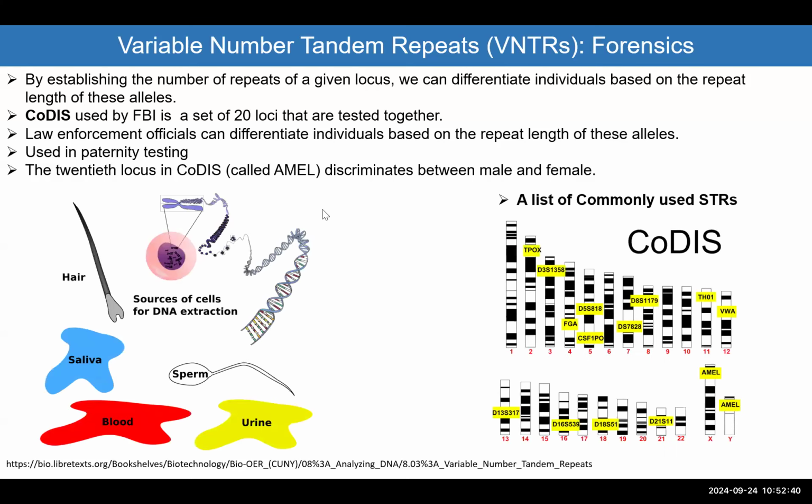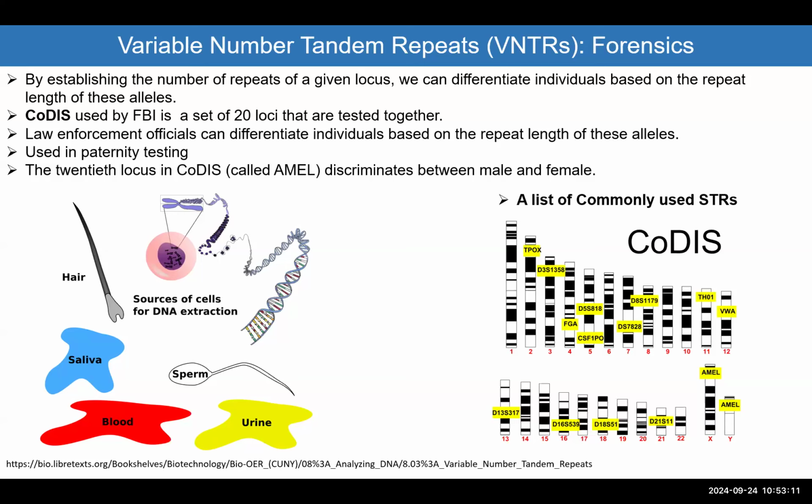Therefore, if you get a hair or saliva or blood or urine or sperm, you amplify that, and then you do the digestion step. On each of these chromosomes, like chromosome 2, you have a location that they call TPOX, which is a specific locus with a specific STR that can tell you that this is going to be almost unique between two different people.